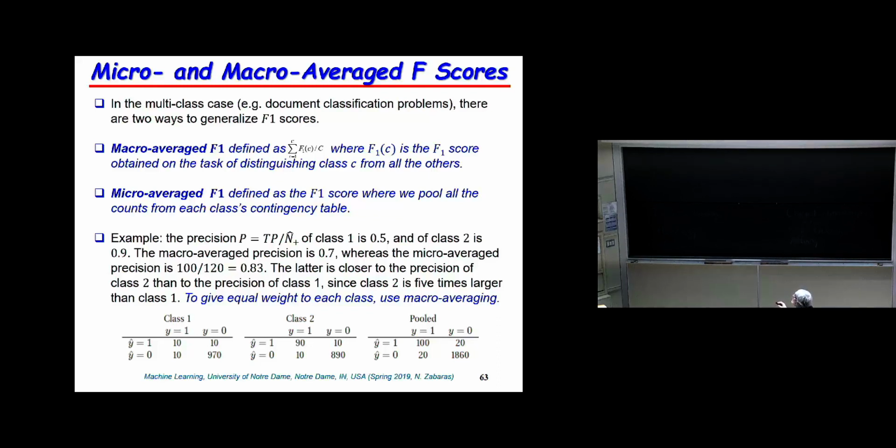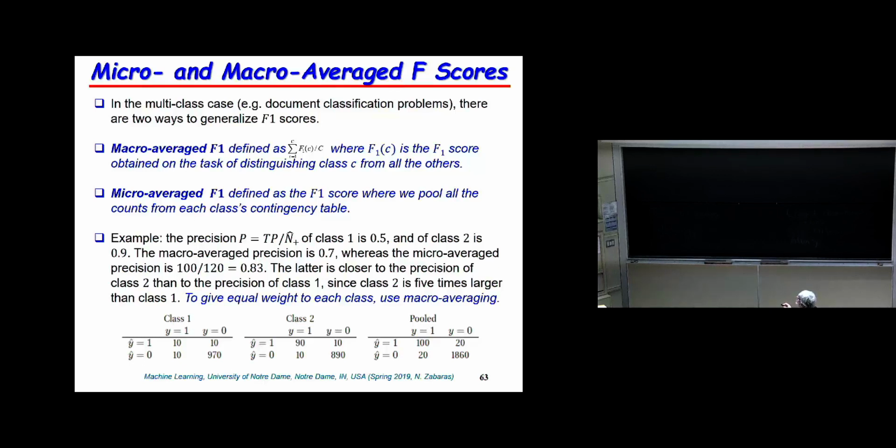So let's now calculate the micro average F1. What we need to do is pull all the numbers together. We had 10 here and 90 there, so we have 100, and 10 and 10, 20. So the number of true positives divided by how many times you declare positive will be 100 over 120.